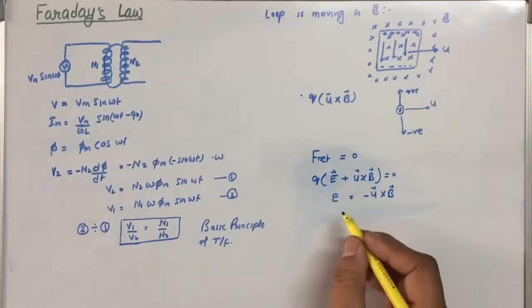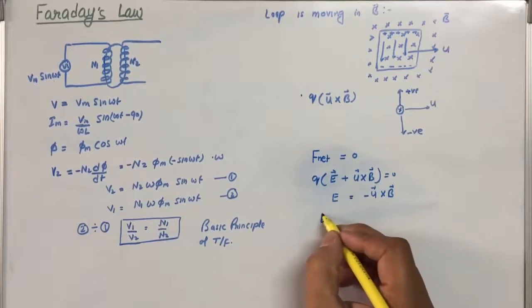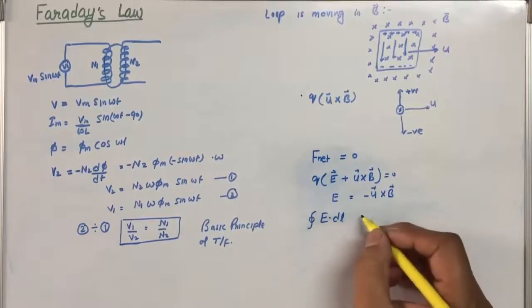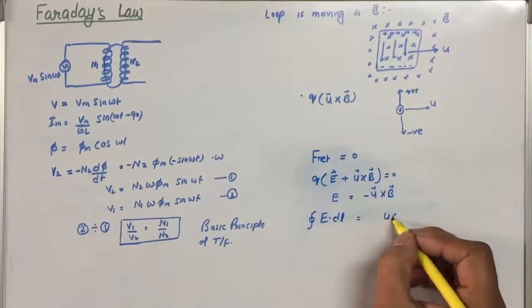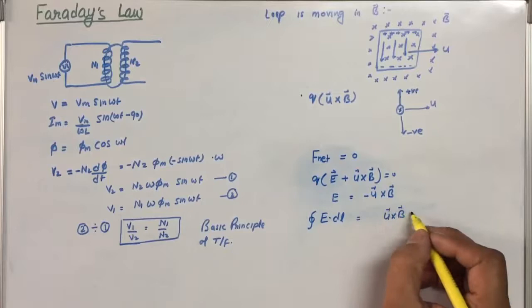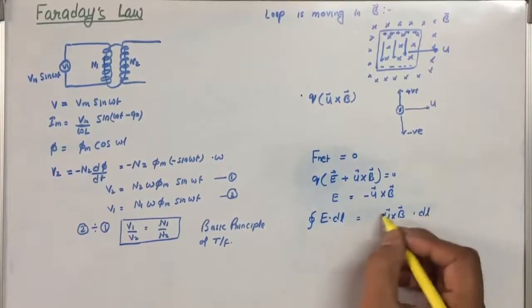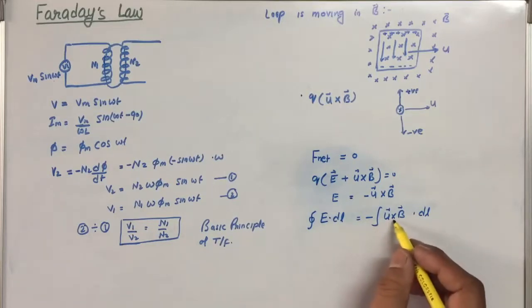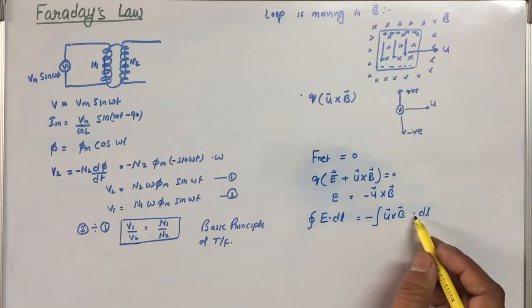If we take the line integral of this, then we can write E dot dl, the line integral. Similarly, we add dot dl on both sides, so E dot dl will be equal to minus U cross B dot dl.